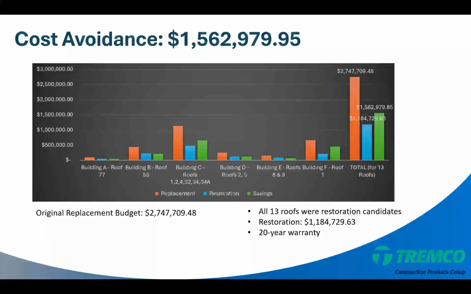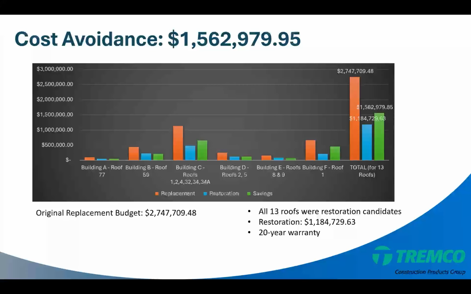And so here's another example, and this situation simplistically demonstrates the value of having the option of a company that can do restorations. Significant here is that in this analysis, a client with a number of buildings or roof sections had been told that these roofs needed to be replaced.